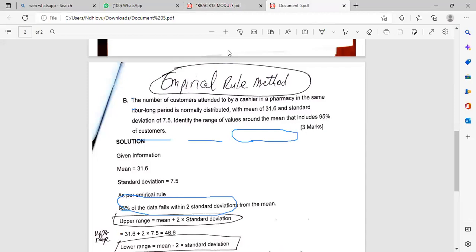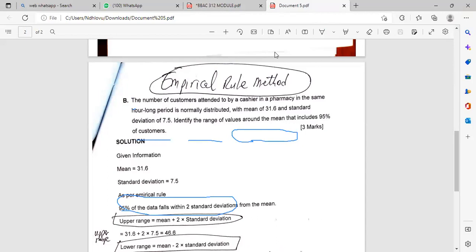I want to explain the empirical rule method now, which the examiner would actually go for in an exam. It is a cardinal one that you really need to know how to do, so we're combining the descriptive statistics and the empirical rule.